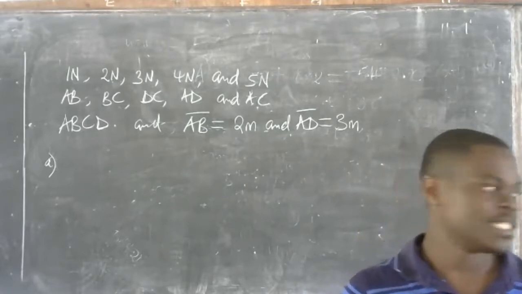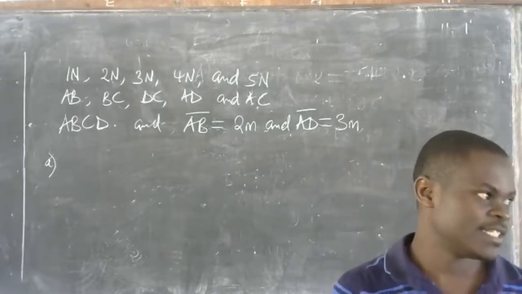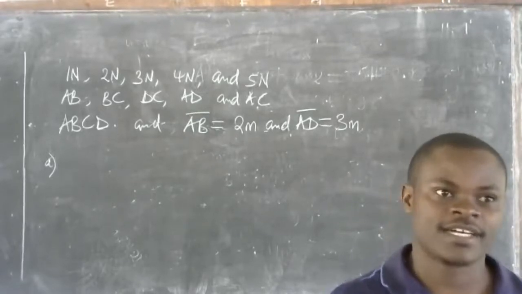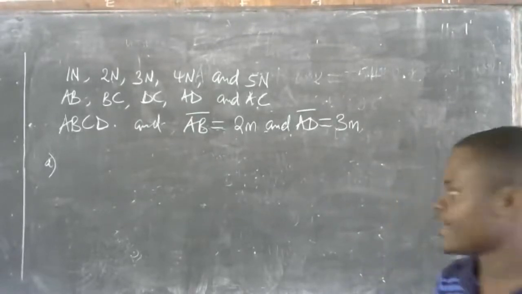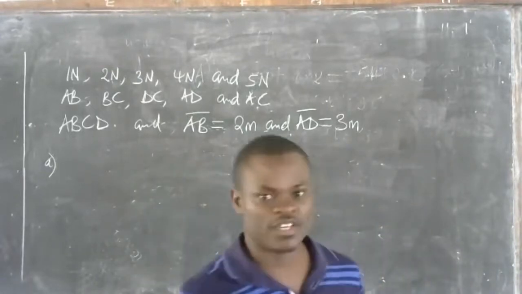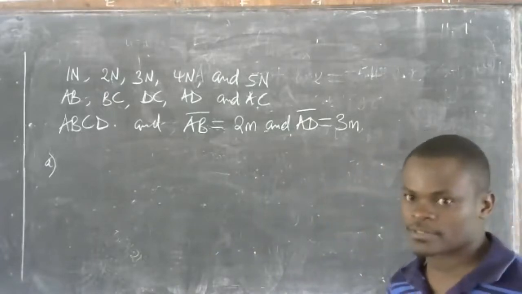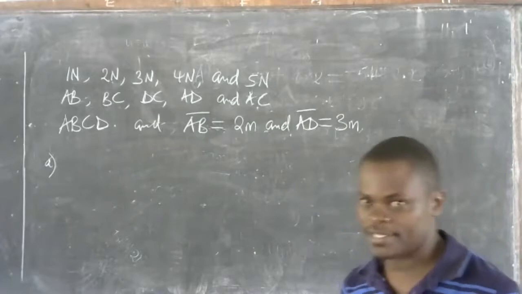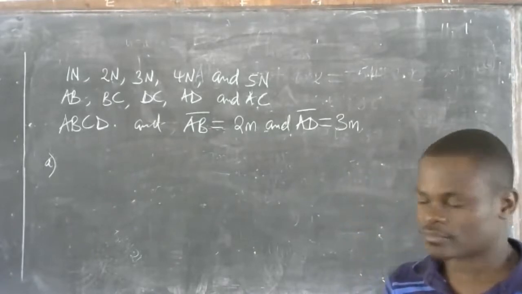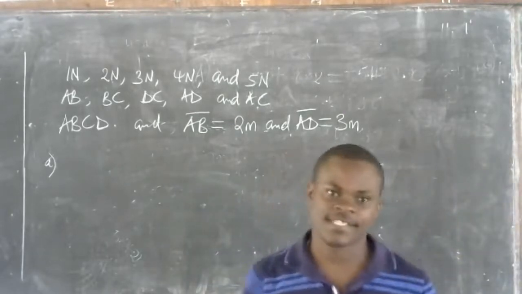Determine the point where the line of action of the resultant cuts side AB. Full stop.